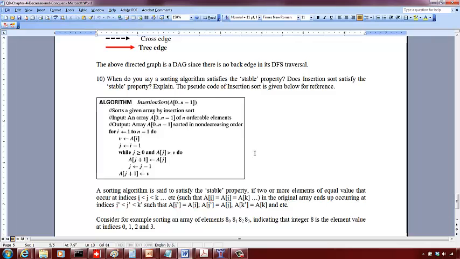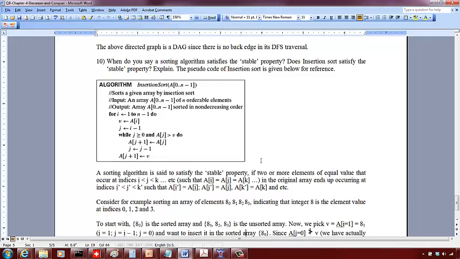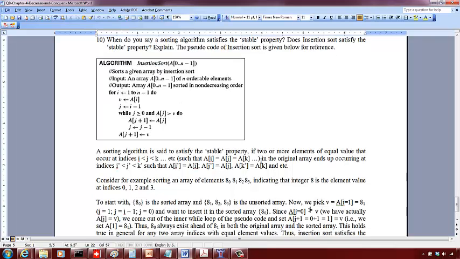So I could give the pseudocode for insertion sort, and we pretty much know by now how it works. Now, when you say a sorting algorithm satisfies the stable property, it means if you have two or more elements of equal value at indices say i less than j less than k, so that a of i equals a of j equals a of k, when we do all this sorting business, the original elements end up at indices i prime less than j prime less than k prime, such that wherever a of i was at index i, it is at i prime.